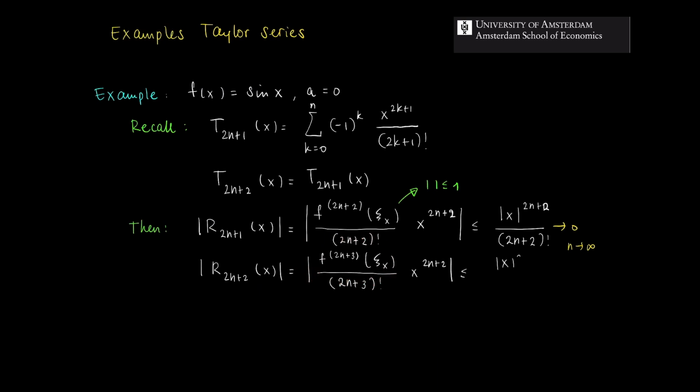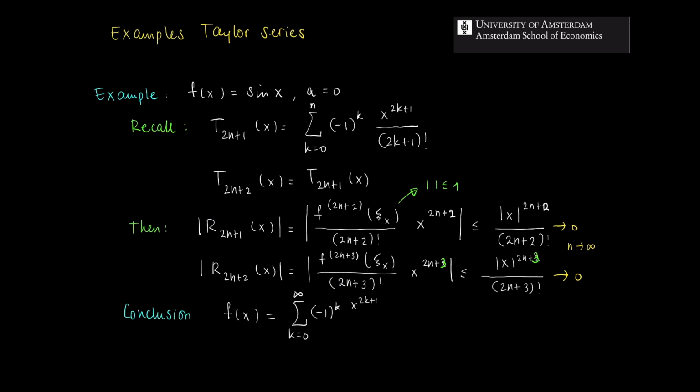So we get that this is smaller or equal than x to the power 2n plus 3. There's a small mistake here. There should be a 3 here and also a 3 here, so that we get that this also goes to 0 when n goes to infinity, right? So as a conclusion, what we have is that the remainder term for a fixed value of x always vanishes when n is taken large enough.